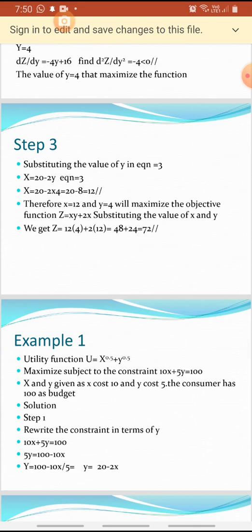So the value of x is 12 and the value of y is 4.